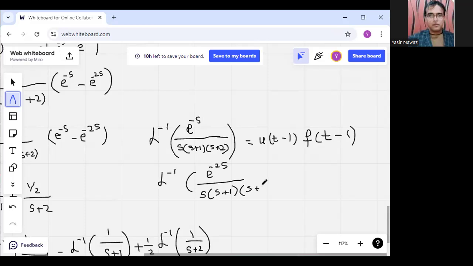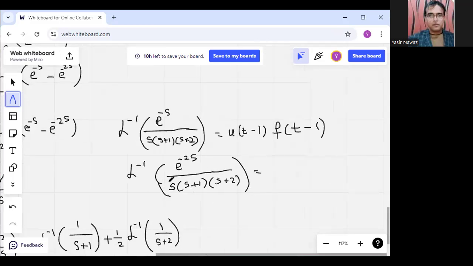So the Laplace inverse of this whole thing would be u of t minus 2 and then f of t minus 2. So that's the inverse for the second one.